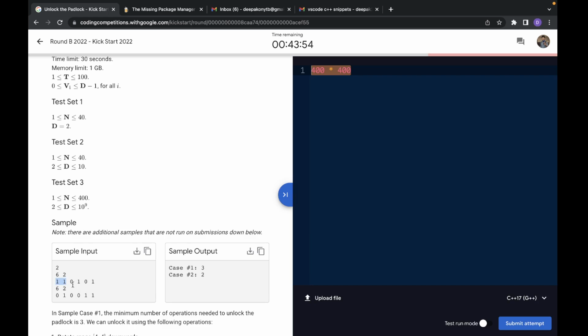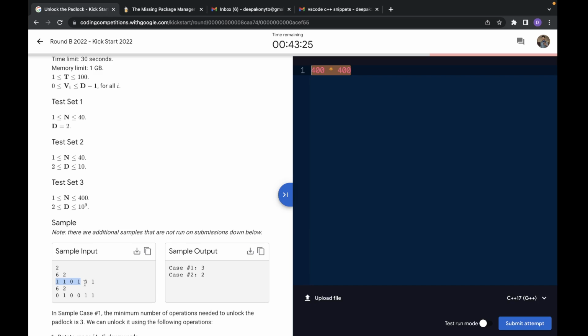I initially was thinking of some greedy approach. Let's say I start from here, then I'll have to make it one. Let's say this is zero, so I'll make it one first so that I can pair it with this number. You can do this in one step. Then your next set would be, so all these are ones. This is also one, so this is like one entire range.